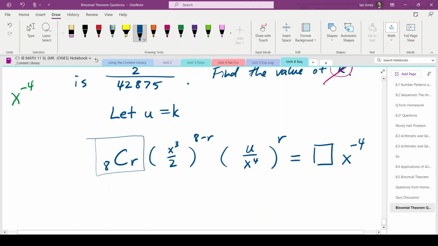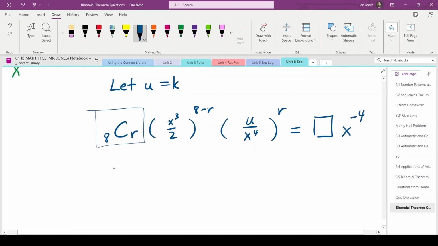This is a number. It has no bearing on what r is. What has a bearing on what r is, just like in the previous question, is that I'm going to end up with an exponent on this side that matches the negative 4.